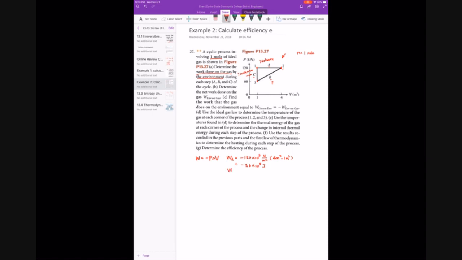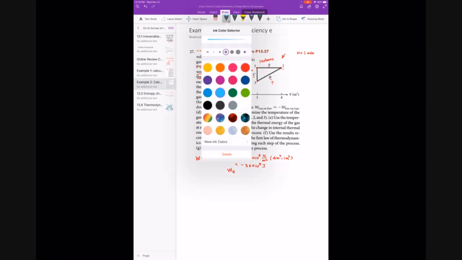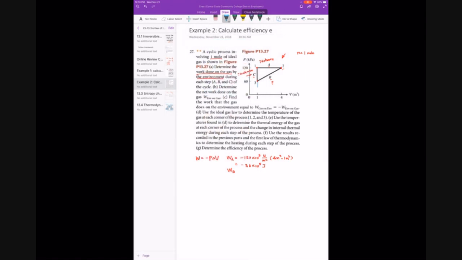You can do a similar thing, and we can calculate the work of B. Now, because I don't have a fixed pressure, another way to look at the work done in the PV diagram is to look at the area under the path, which is from 2 to 3, this area over here.